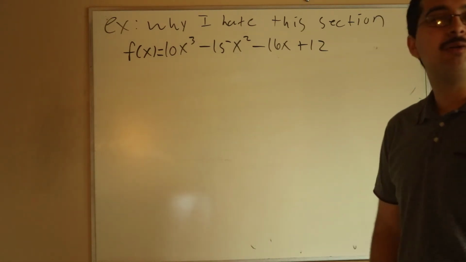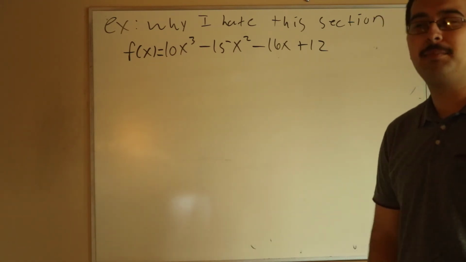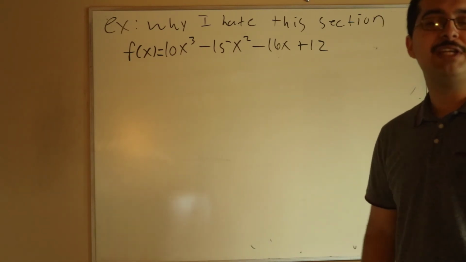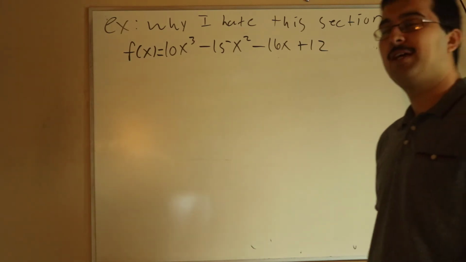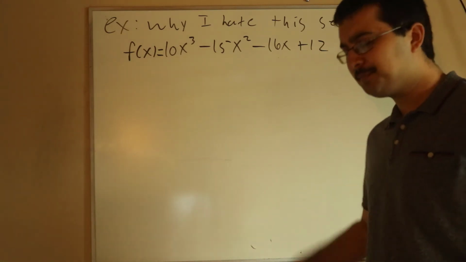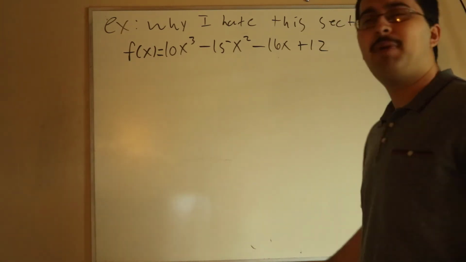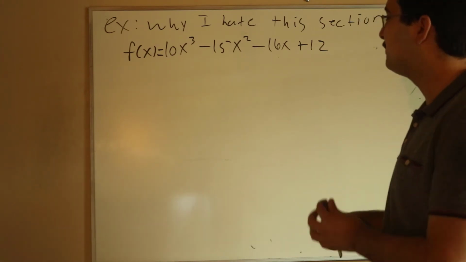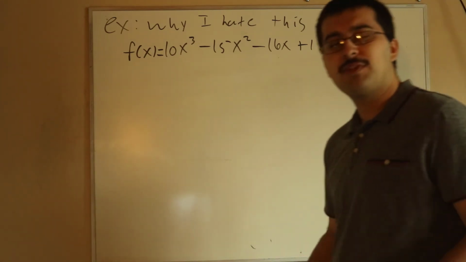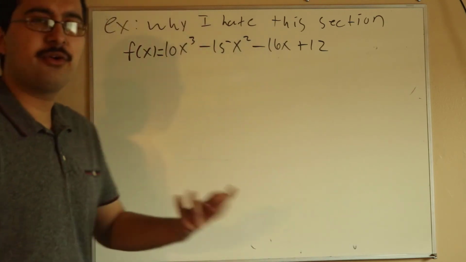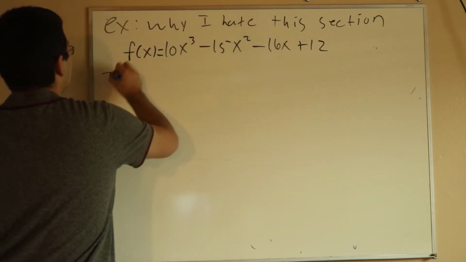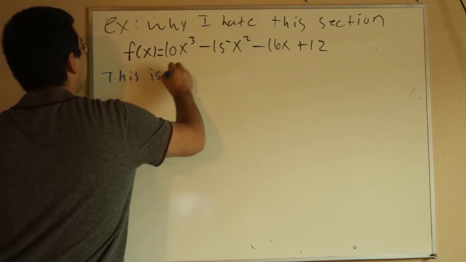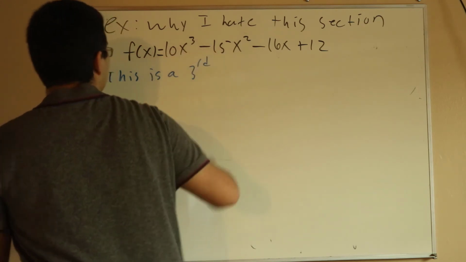No problem. We'll go ahead and do our process. So that means we need to start with our rational zeros test. Now, before we start doing that, let's take a step back and let's think a bit more conceptually. What is the order of this polynomial function? Well, it's a third order polynomial function.